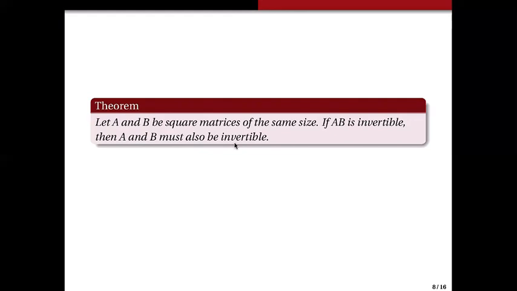Previously, this is what we had. If A and B are invertible, then the product will be invertible. Then AB is invertible. This statement is the converse of that.